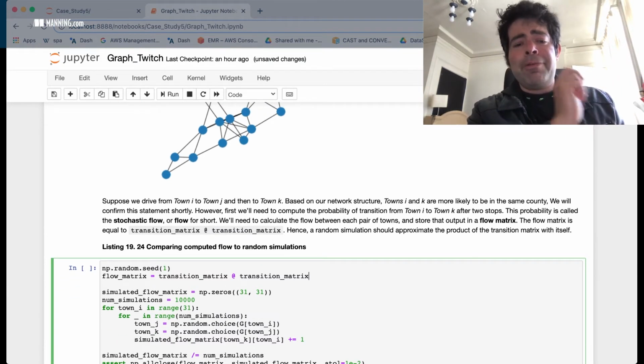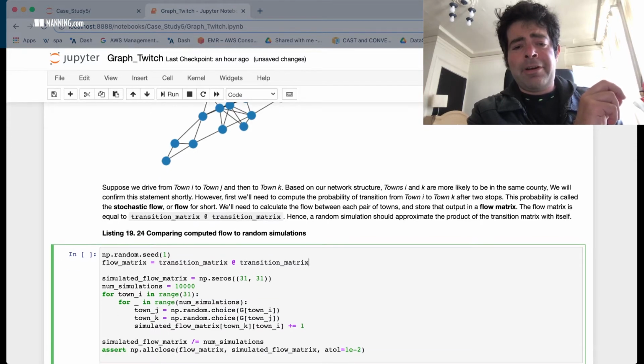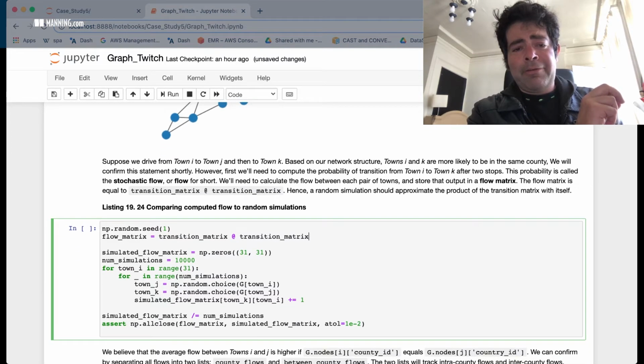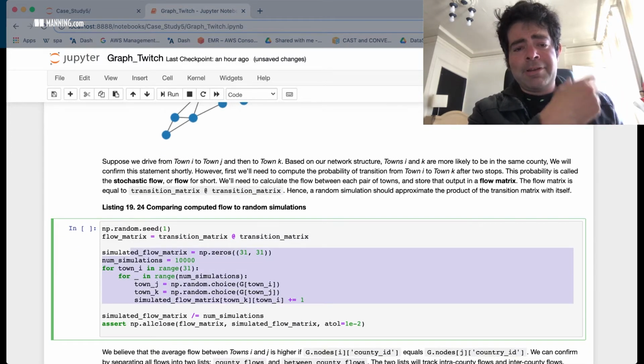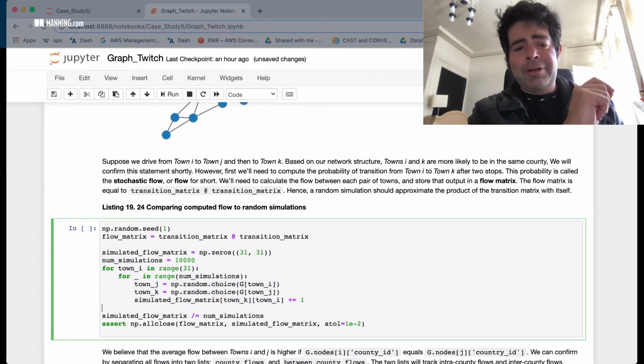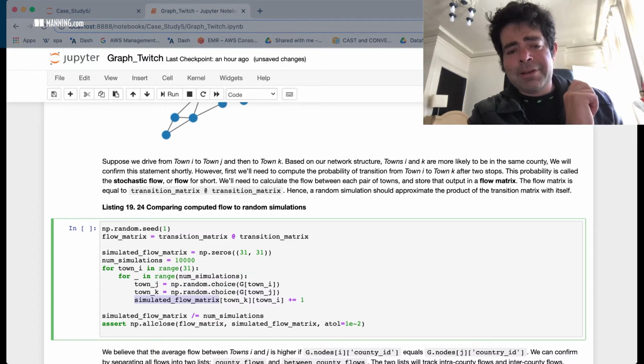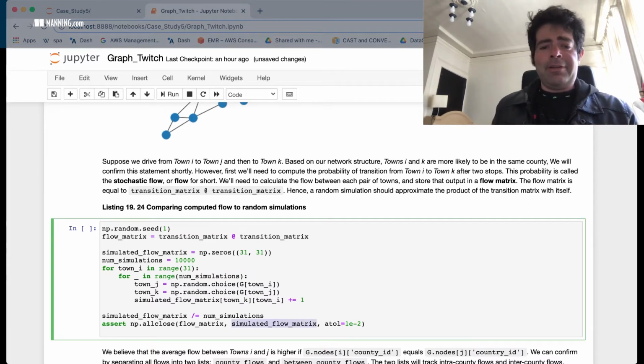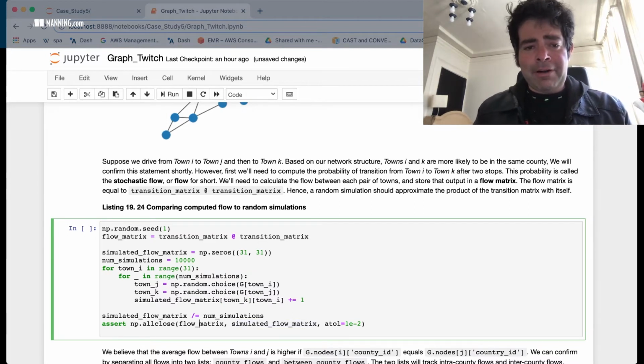We can also prove out our assertion another way. I'm going to run a random simulation of cars randomly traveling, and I'm going to compute the flow matrix using the frequencies of my simulations. Then I'm going to assert that my simulated flow matrix is nearly identical to my theoretical flow matrix that I computed as this matrix to matrix product.